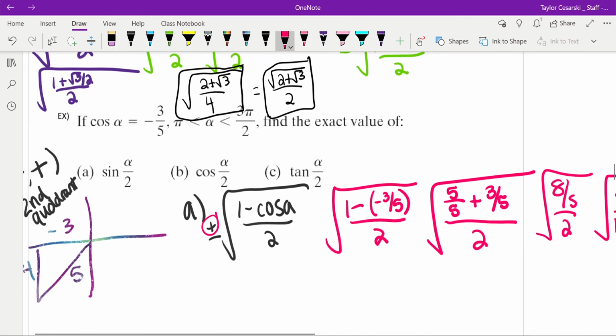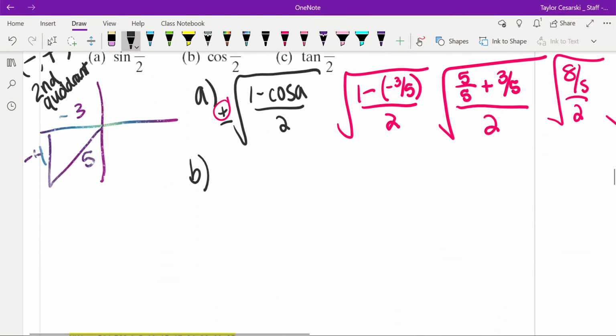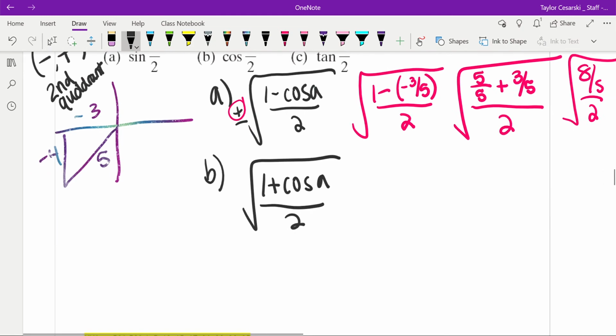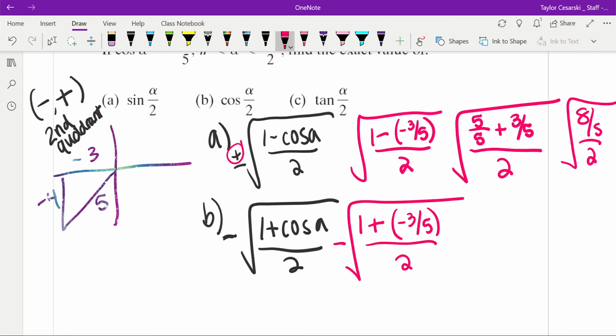All right, next one, we have cosine of alpha over 2. We go back up to our formula, square root of (1 plus cosine of A) over 2. Now, if we're in our second quadrant here, because we're dividing it by 2, cosine is going to be negative. So 1 plus negative 3/5 over 2, and that's negative.